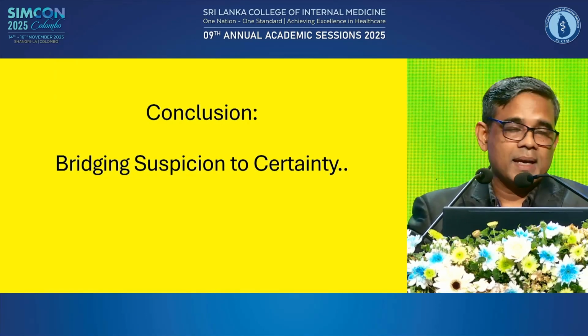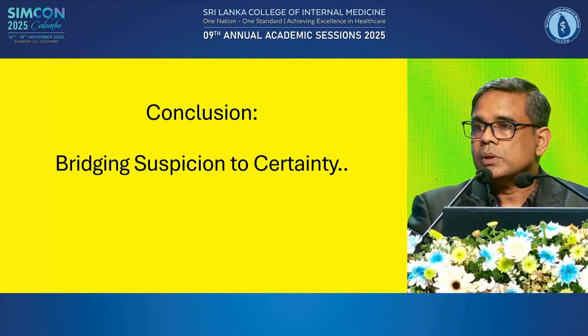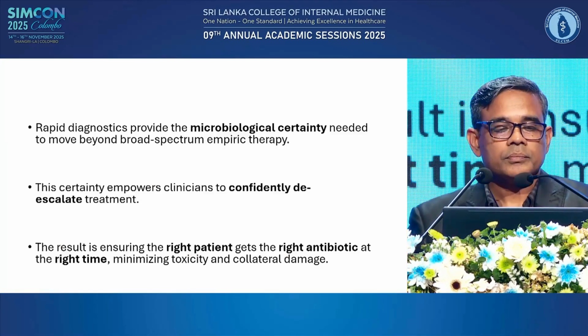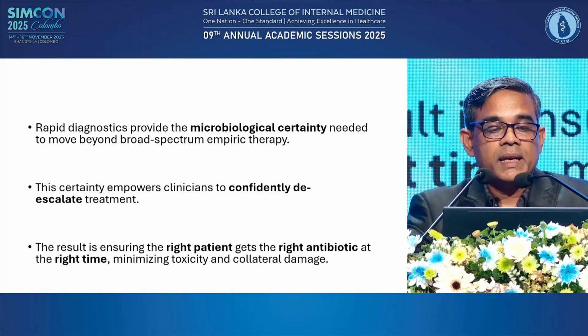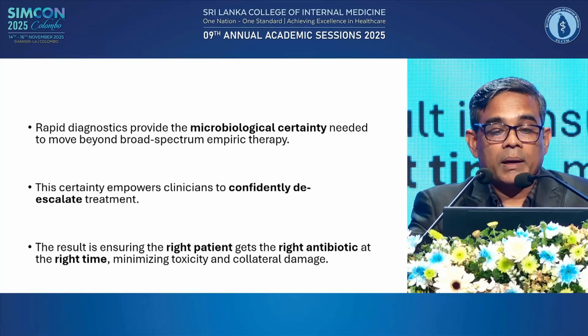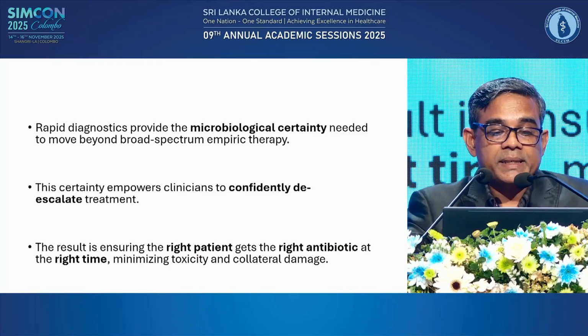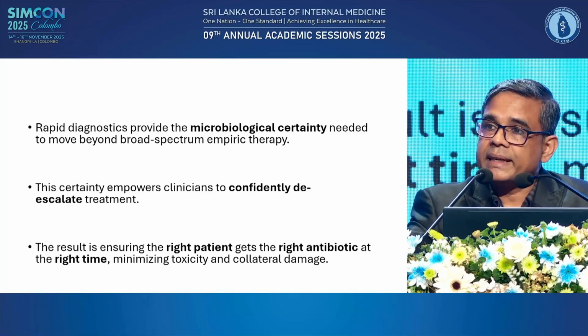So rapid microbiological tests will provide you the information needed to bridge the transition period as you convert from empiric to targeted therapy. Rapid diagnostics provide the microbiological certainty needed to move beyond broad spectrum empiric antibiotics. This certainty empowers clinicians to confidently de-escalate the treatment.